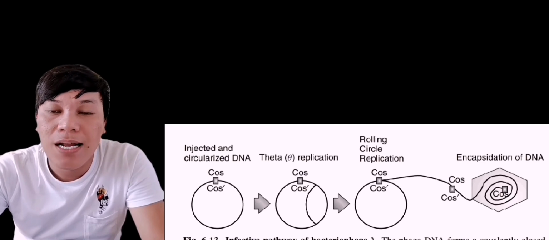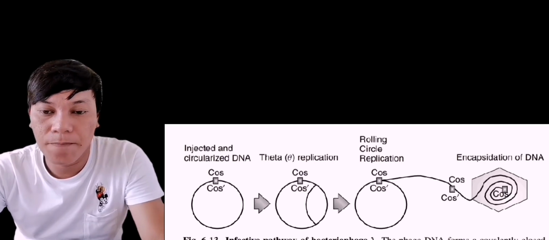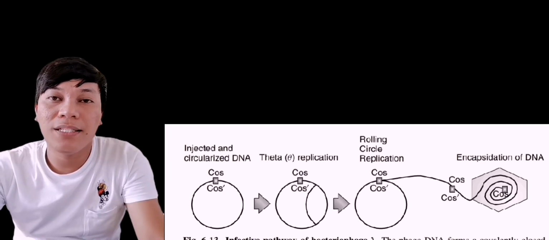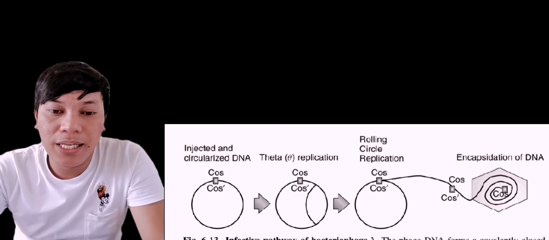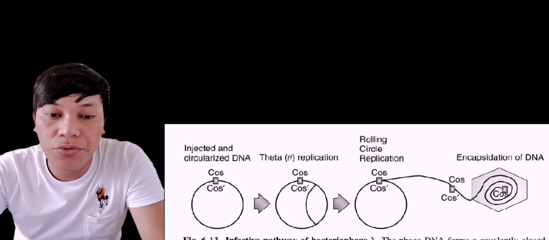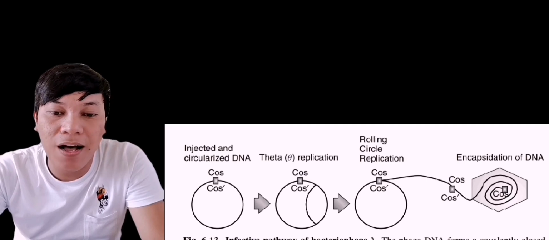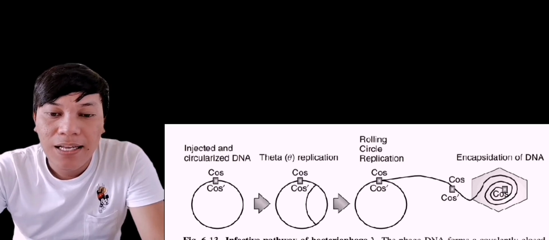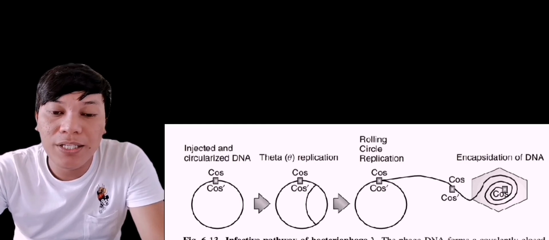As you can see in figure 6.13, that is the infective pathway of bacteriophage lambda. The phage DNA forms a covalently closed circle through pairing of the cohesive ends, followed by ligation. Early DNA replication by the theta mode generates circular monomeric molecules.